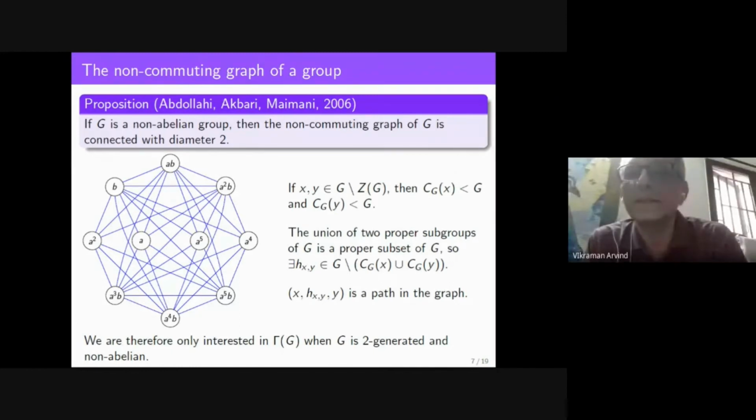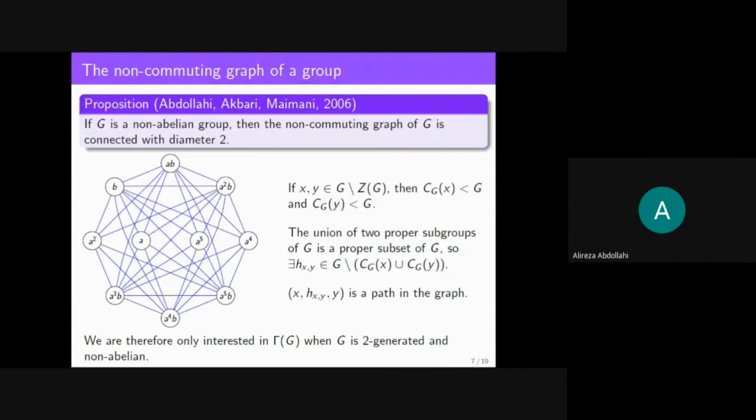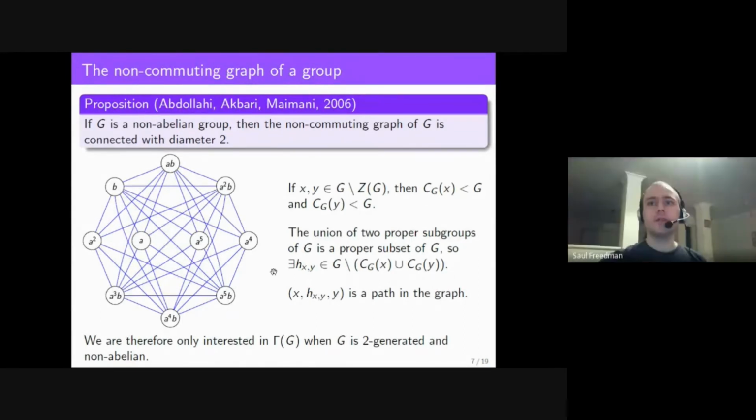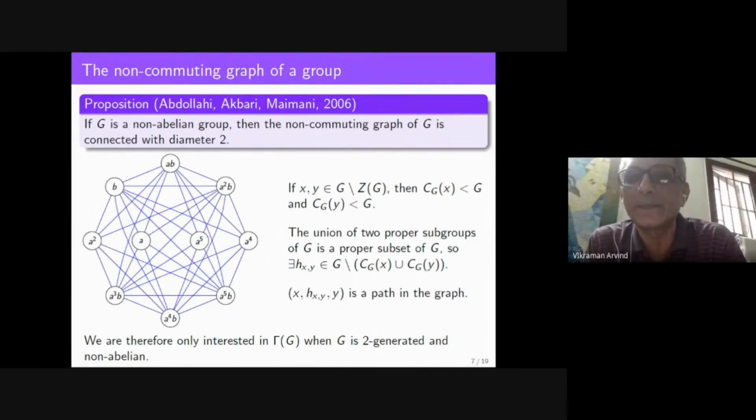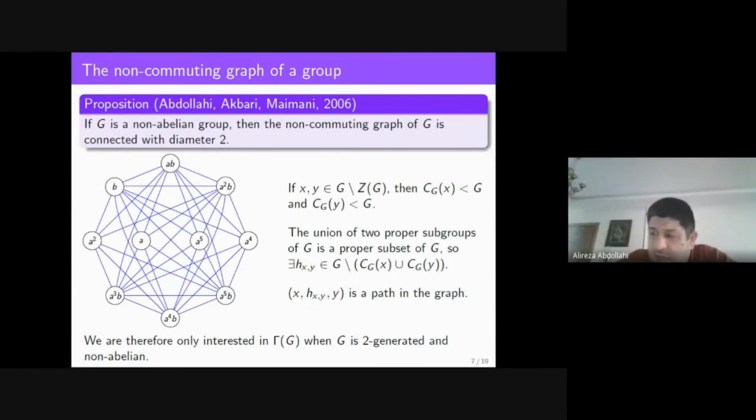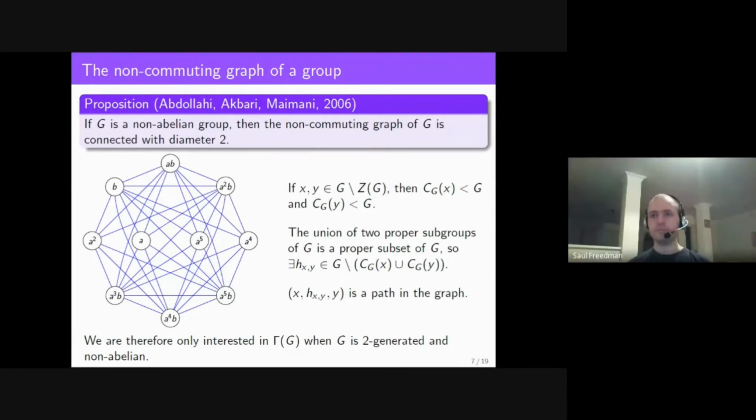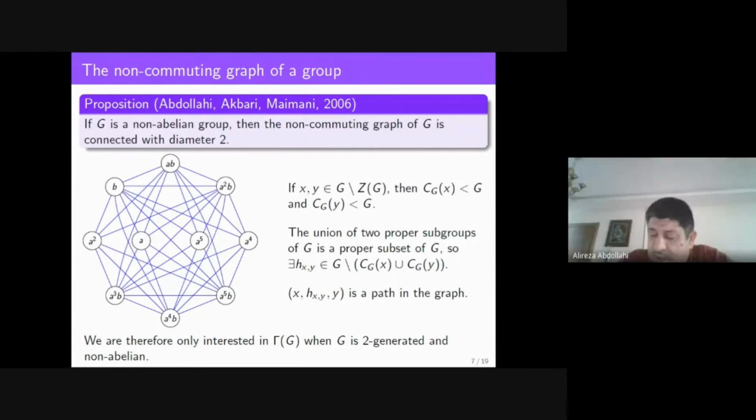More questions? Can I ask a question? Yes, please go. Is it possible to drop the condition that the group must be 2-generator?